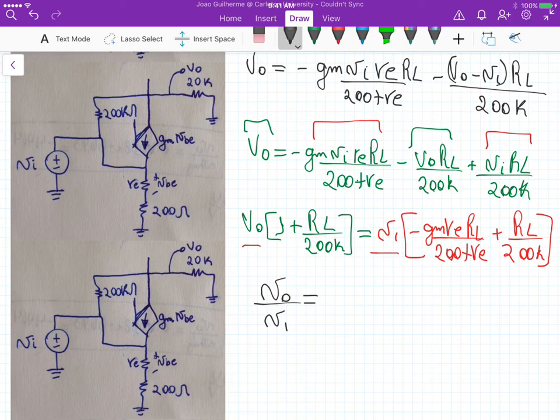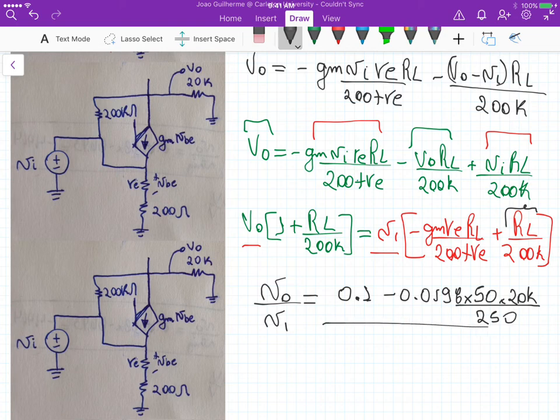Substituting values: this term is 20k divided by 200k, so it's 0.1, minus gm, that's 0.0198, times 50, the emitter small signal resistance, times the 20k from the load, divided by 200 plus the emitter resistance, which is 250.